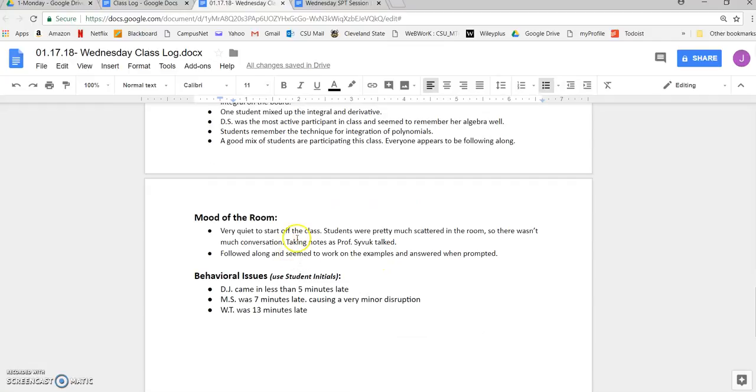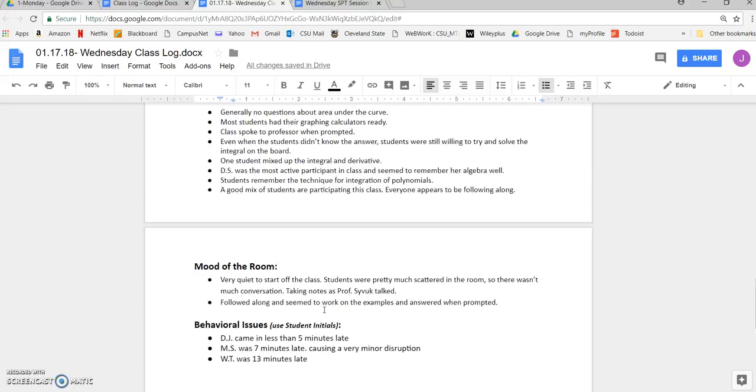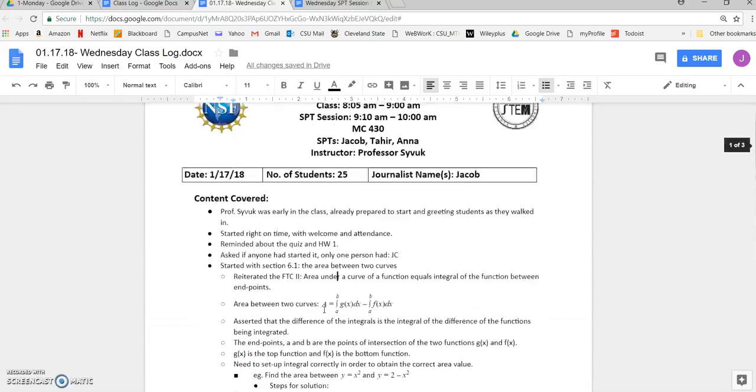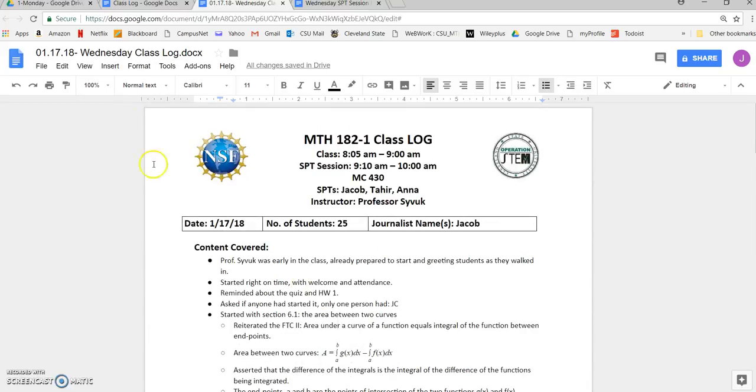Mood of the room, very quiet, and then started to work along with the examples. And then behavior issues, anybody who comes in late, and anybody who comes in late and causes a disruption. This is the amount of detail that we expect in a class log.